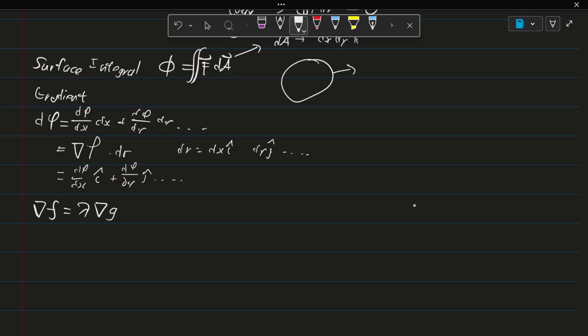They both must have the same direction. And here's a very simple reason. If this is your boundary, and you test every single point to find where the maximum or minimum is, you need to go in the direction of df.